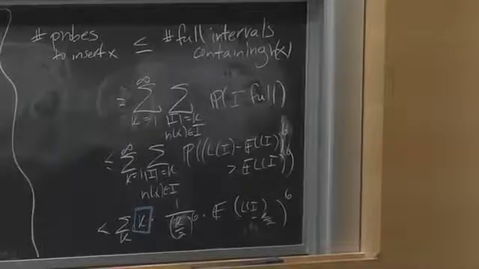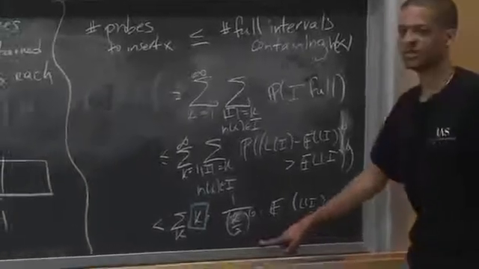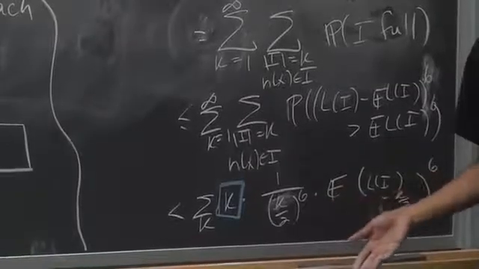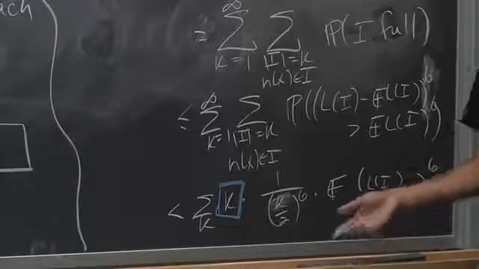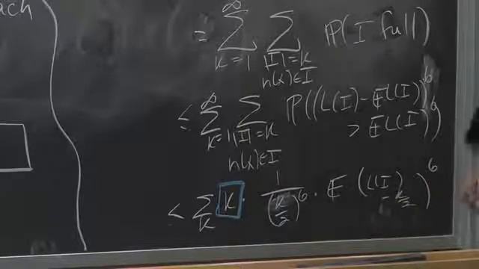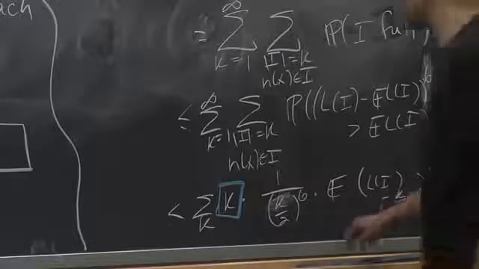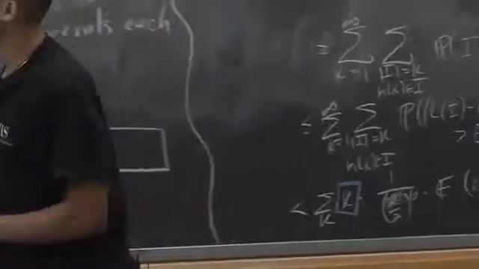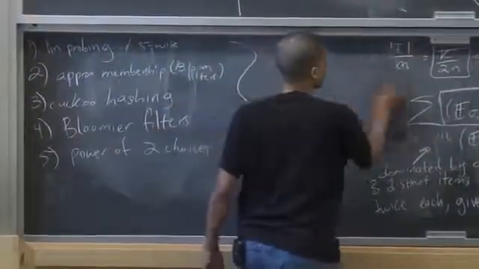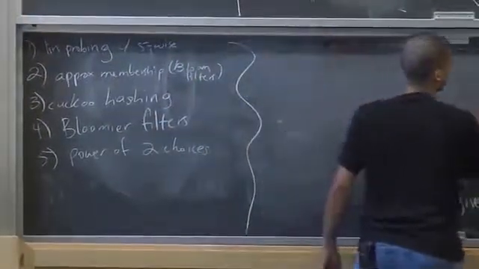We needed this to be 1 over k cubed so that even when that k canceled something, we had a convergent sum. So that's why we needed the 6th moment. Good. So we need to get rid of that k. And the point is, we can be a little more clever about union bounding over all these length k intervals that contain h of x.